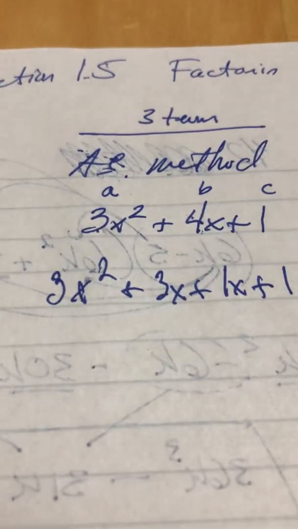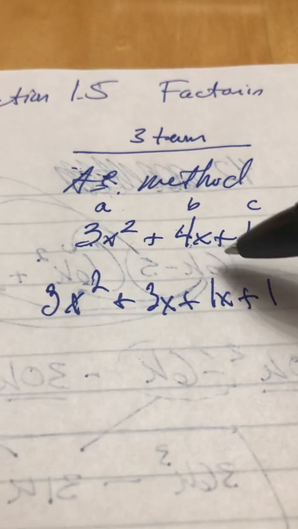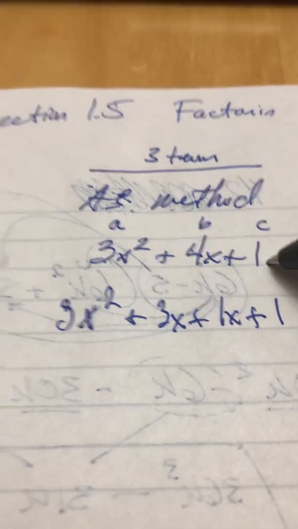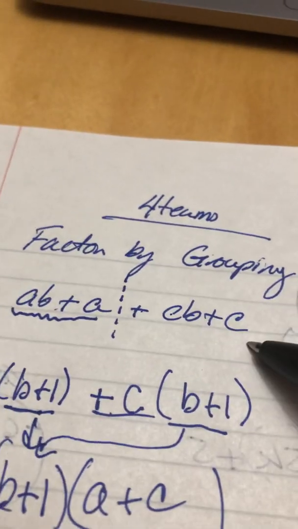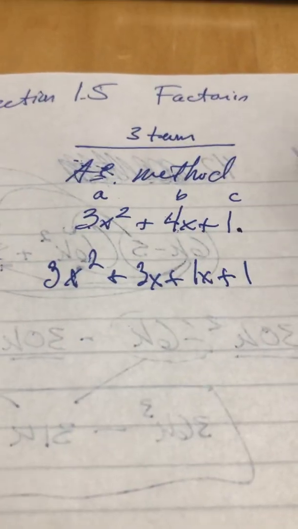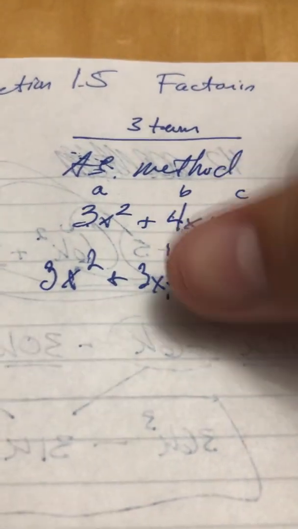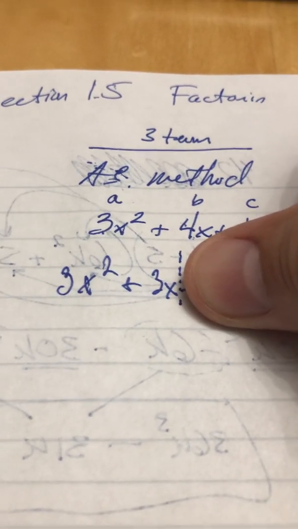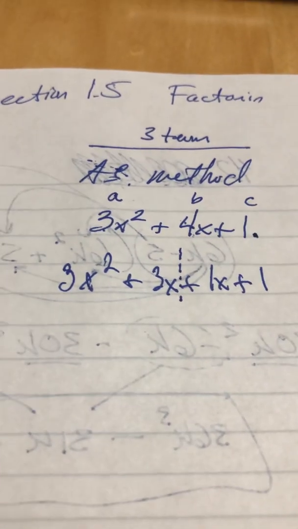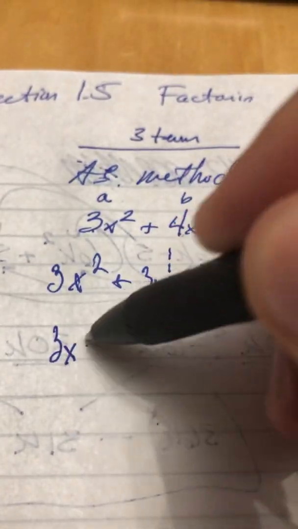And basically what you've done is now you've tricked a 3-termed polynomial to look like a 4-termed polynomial, and you proceed by doing factor by grouping. So we dot this little line right here, and we say, all right, what's in common with the 3x squared and the positive 3x? Well, you have a 3x.